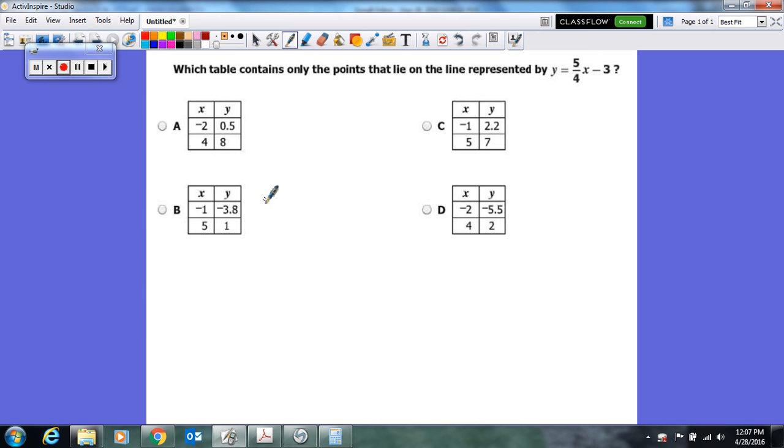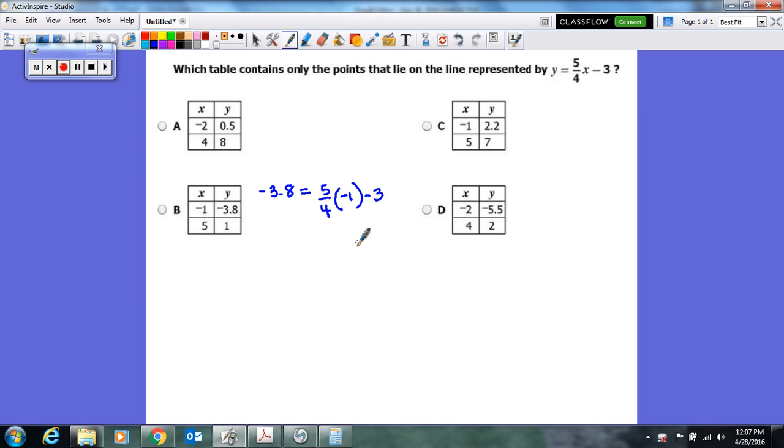Instead of having a y, we're going to use the -3.8 equals 5/4. Instead of the x, we're going to put in a -1, and then of course minus 3. And let's see what we get.